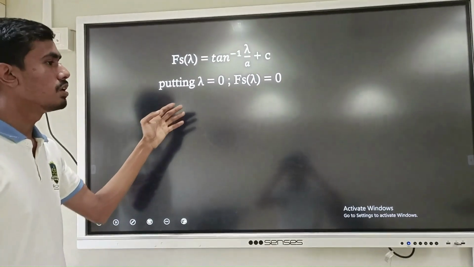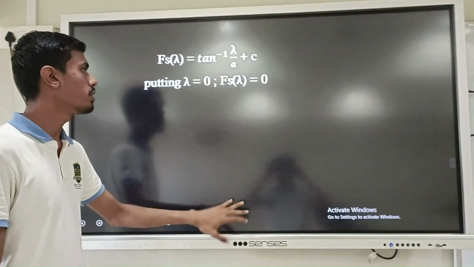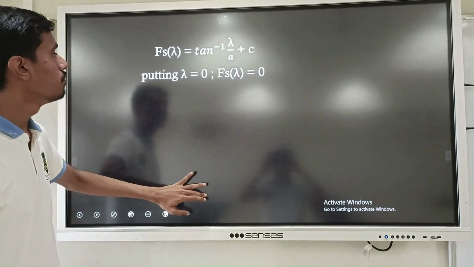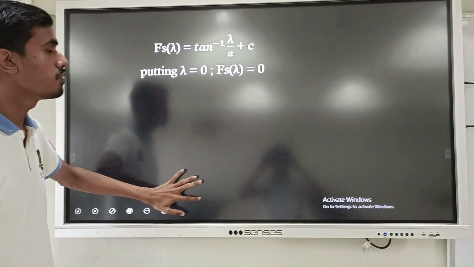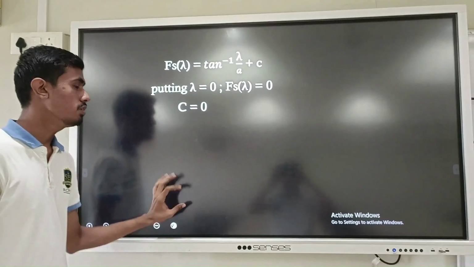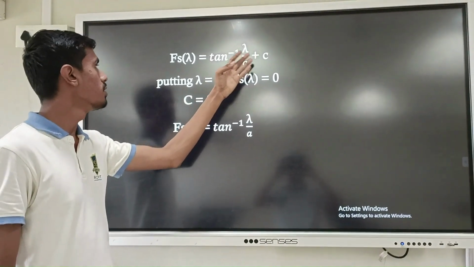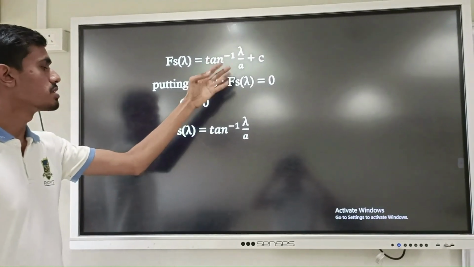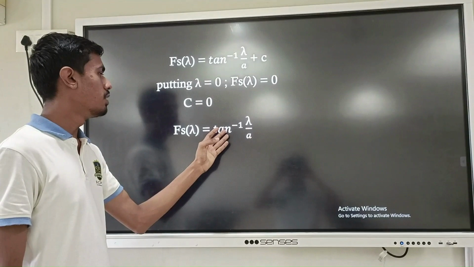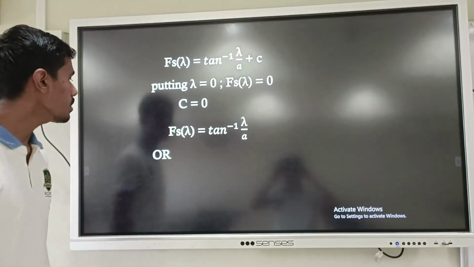We substitute lambda equal to 0 and F s equal to 0 in equation 1, and then we get the value c equal to 0. When we put c equal to 0 in the above equation, we get tan inverse of lambda upon a, because c is 0.